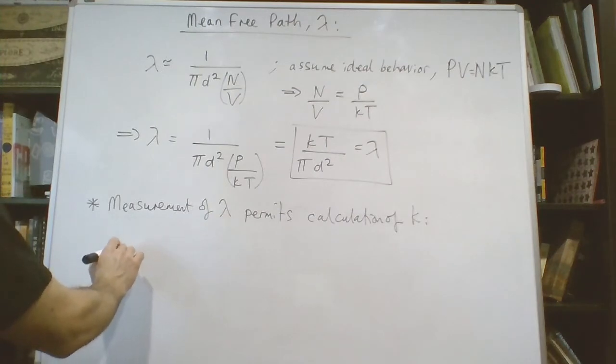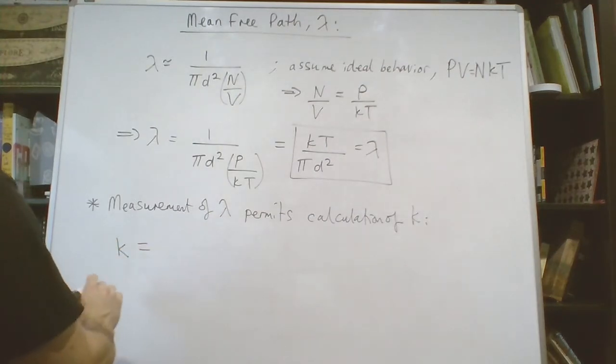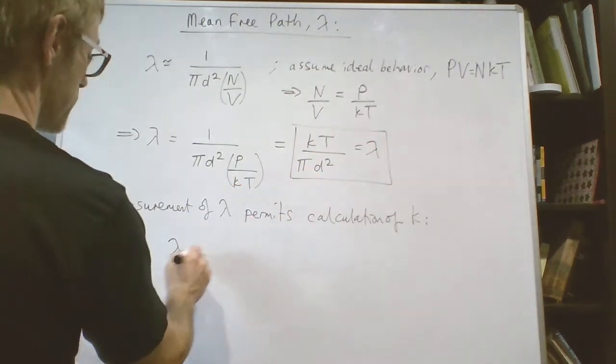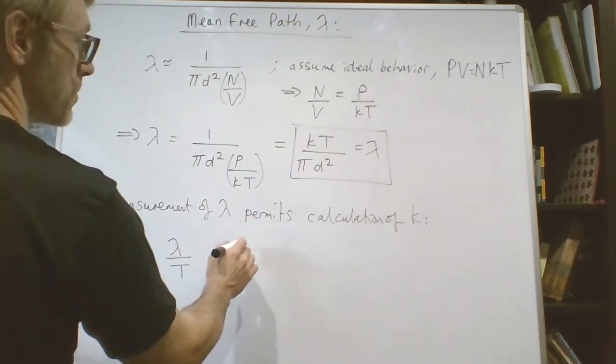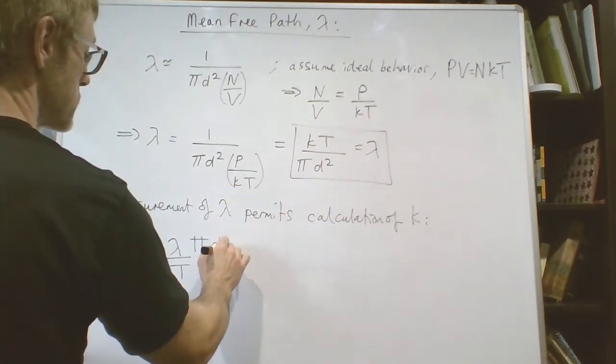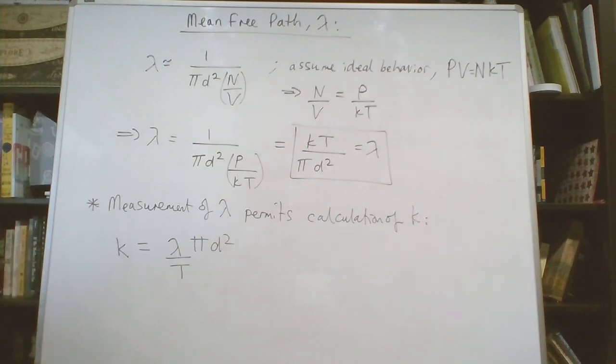We could solve for k. k we could say is mean free path over temperature multiplied by pi multiplied by d squared. So we could solve for Boltzmann's constant.